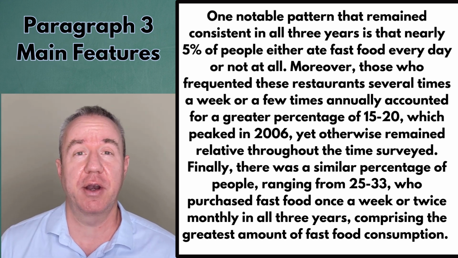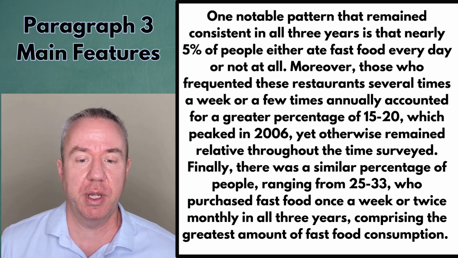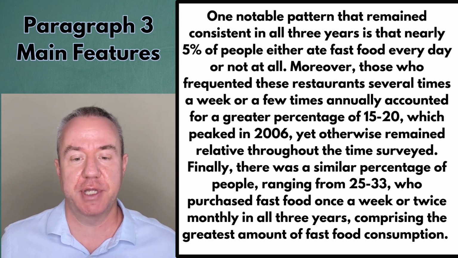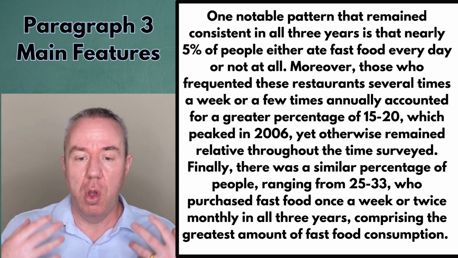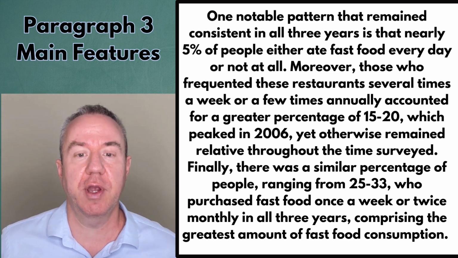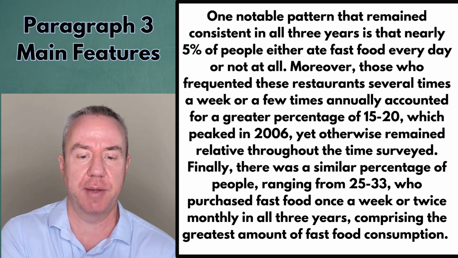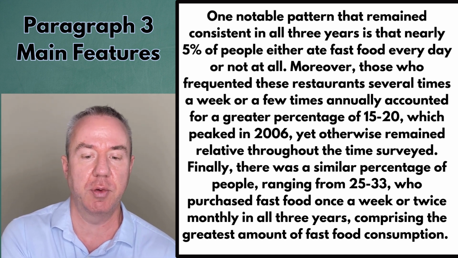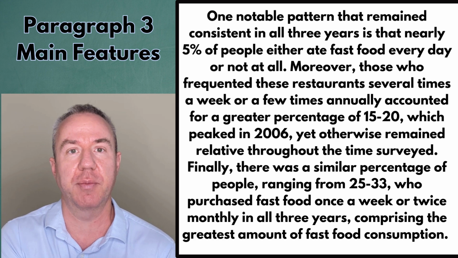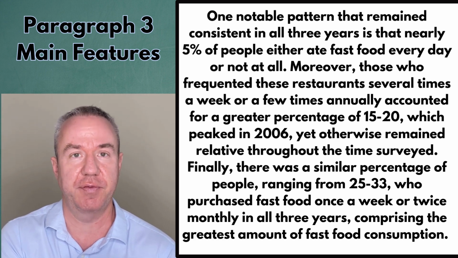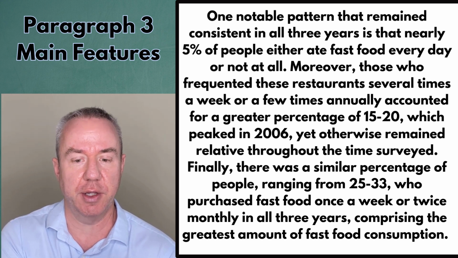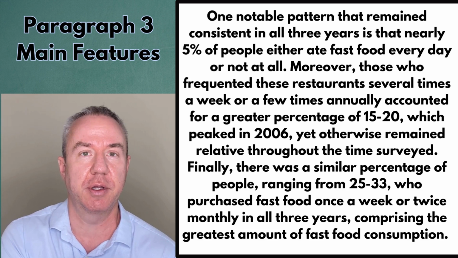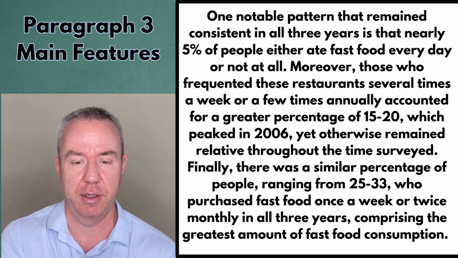One notable pattern that remained consistent in all 3 years is that nearly 5% of people either ate fast food every day or not at all. Moreover, those who frequented these restaurants several times a week or a few times annually accounted for a greater percentage of 15 to 20, which peaked in 2006, yet otherwise remained relative throughout the time surveyed.